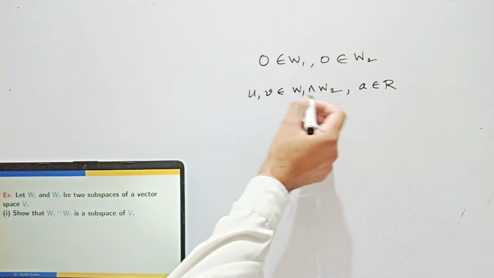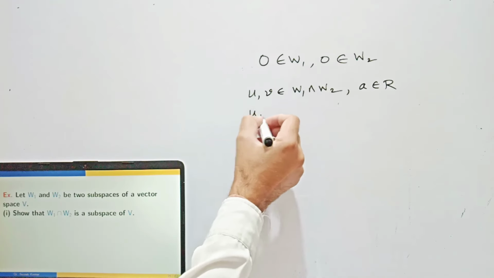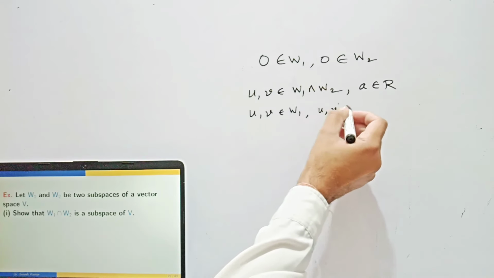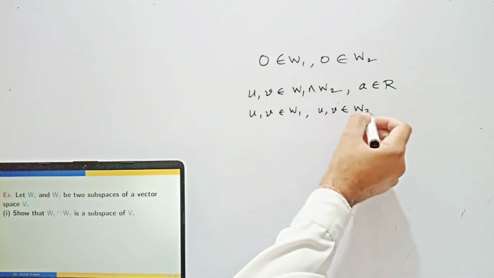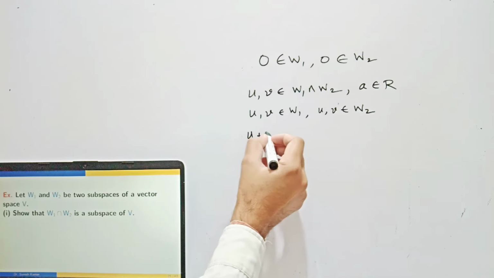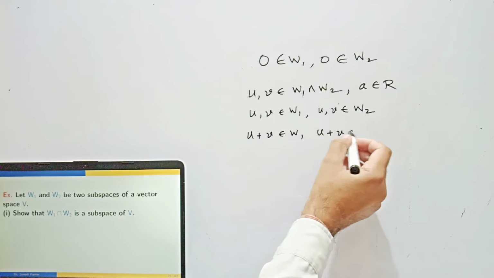Now u, v belong to W1 intersection W2. That means u, v belong to W1 as well as W2. But W1 is a subspace, so u plus v belongs to W1. Likewise, u plus v belongs to W2.